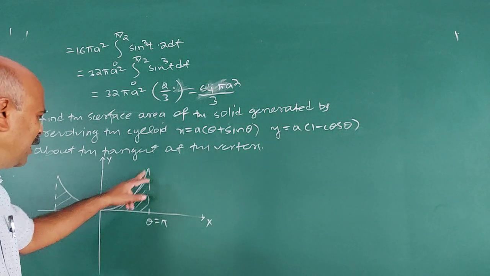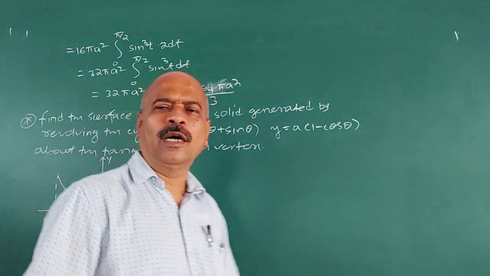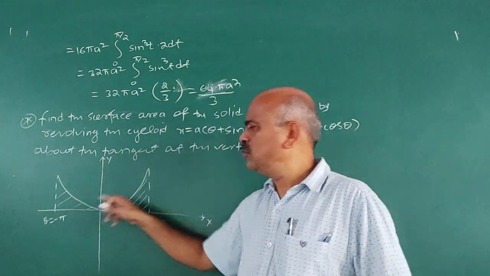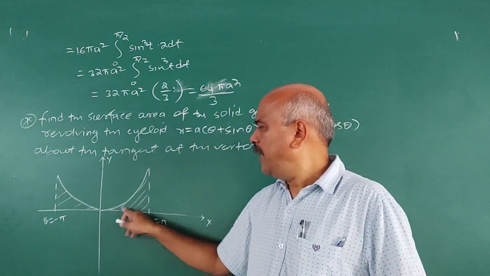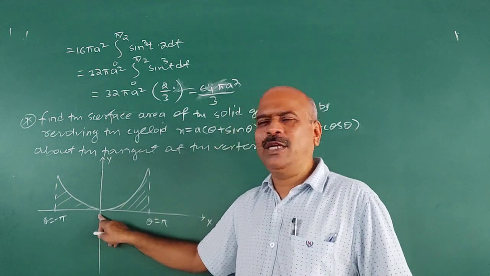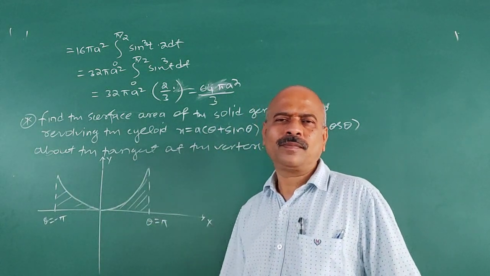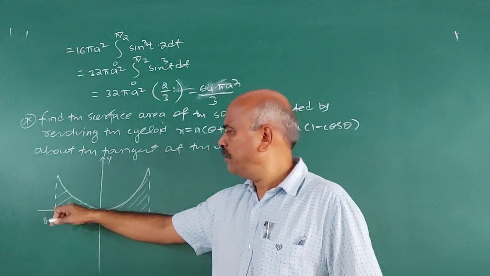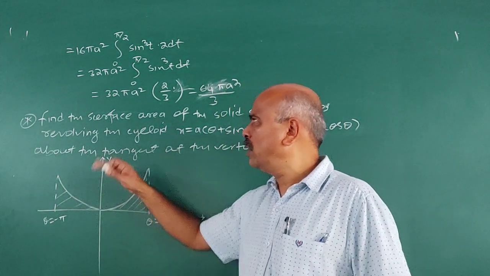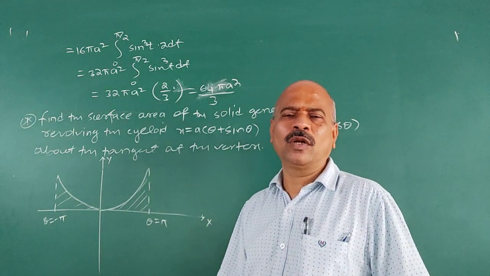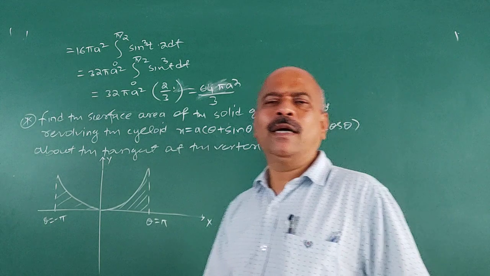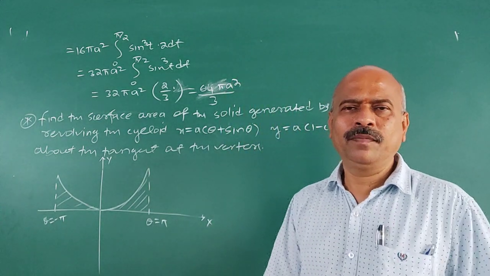The area revolved is the area bounded by one arc of the curve. One arc of the curve is like this. It lies between minus pi and pi. And the x-axis, the tangent at the vertex, is nothing but the x-axis here. This area is revolved, so we get a different solid here. Accordingly, the surface area will be different.